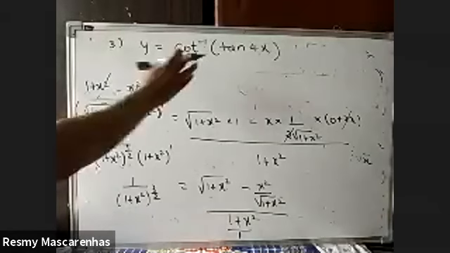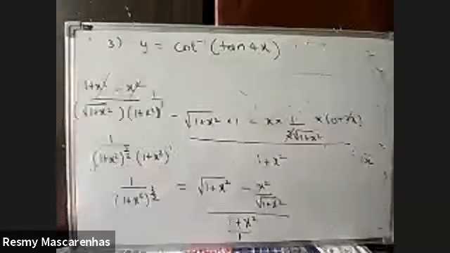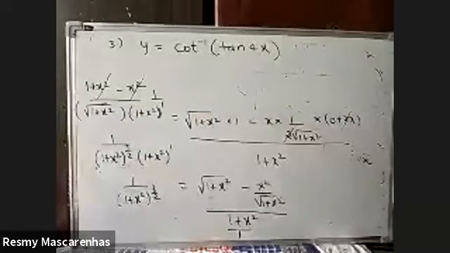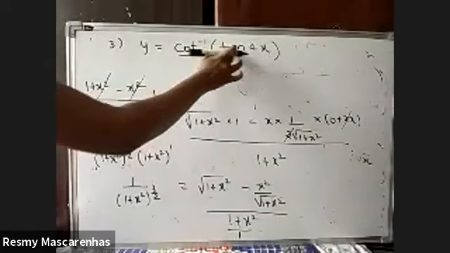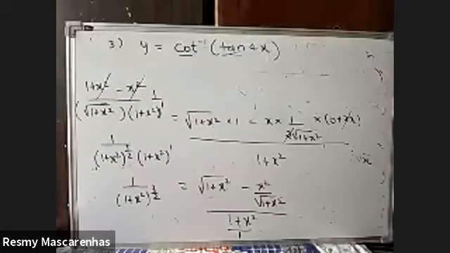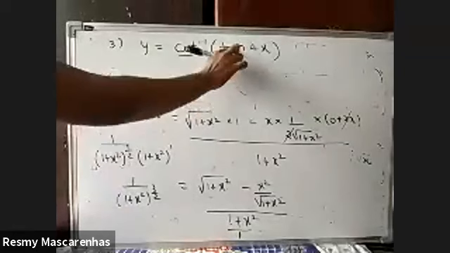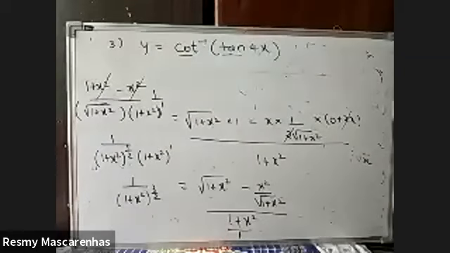So what you have to do is, now whenever cot inverse is outside, this is not triangle method. But I told you, whenever cot and tan come in a combination, they will always have some relation. So tan you have to always convert in terms of cot.